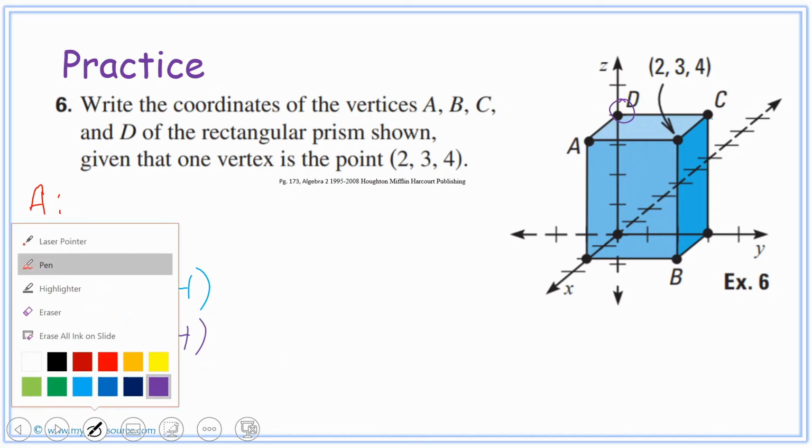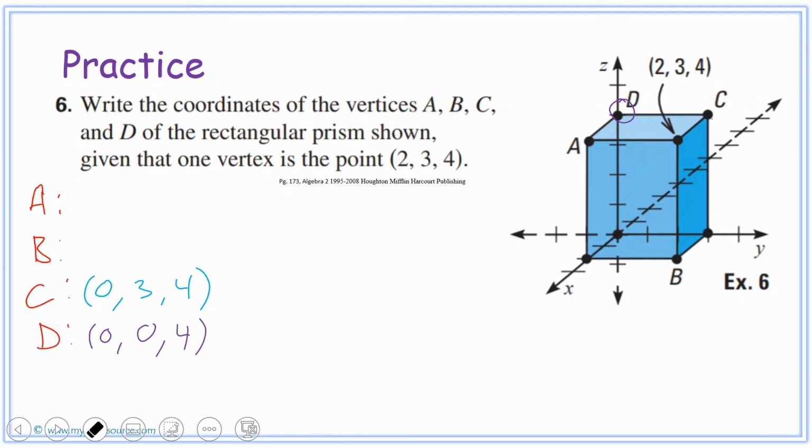All right, let's go ahead and look at the next one that's on the top, which is A. Sometimes it's easier just to begin there. We know that everything on the top is going to have a z value of 4 since they're all at the 4th level. It's 4 units up to the very top of that box. So if we go with A, first we want to look at the x value of A, and we see that A is right above on the x-axis the point 2, or the value 2.